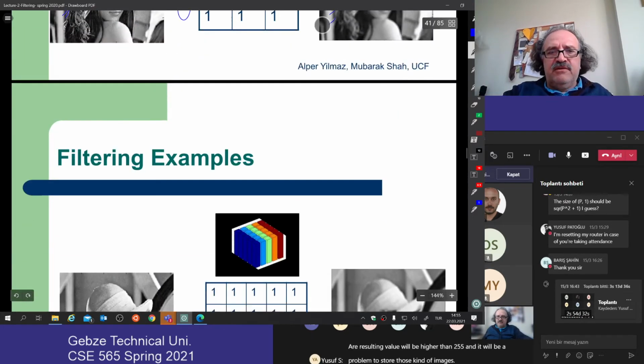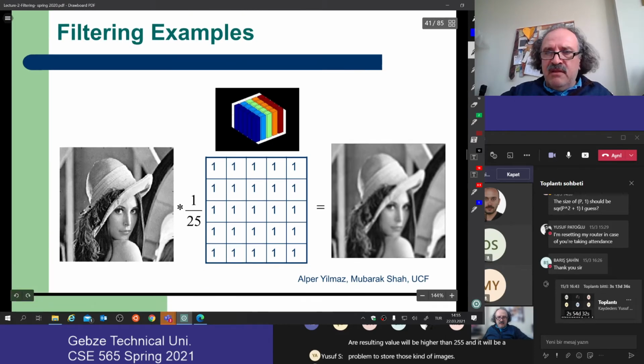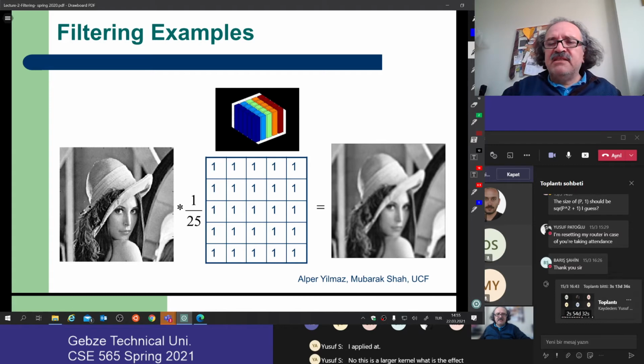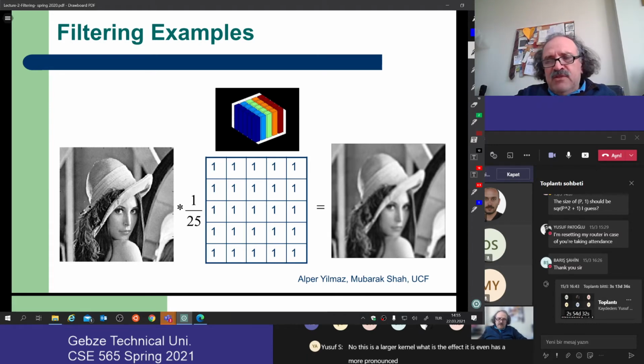Okay, good. So this is a filtering example. How about this one? This is a 5 by 5 kernel now. I applied it. Now this is a larger kernel. What is the effect? It has an even more pronounced smoothing effect.